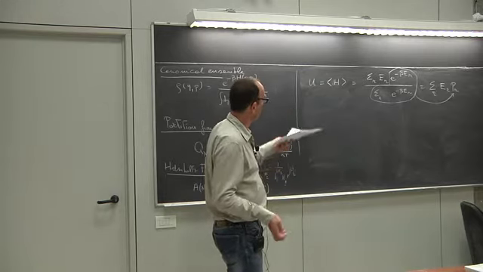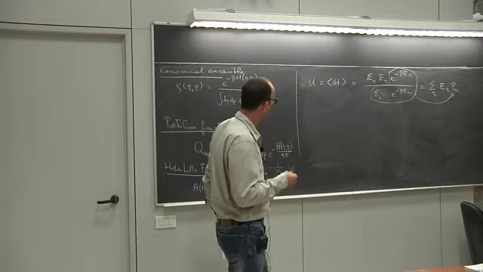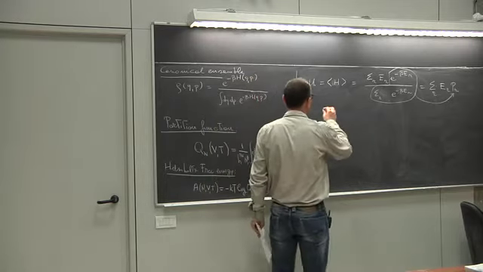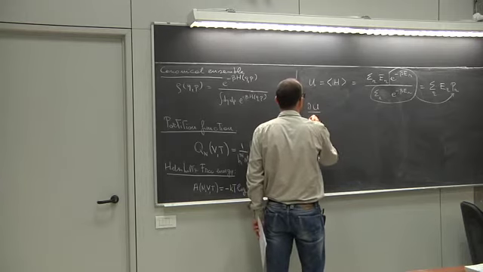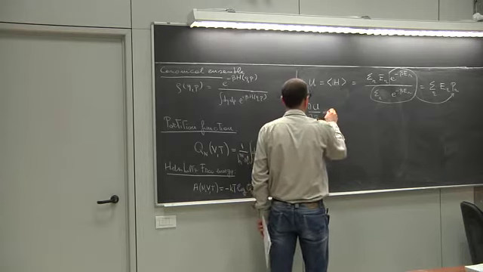So in order to compute the fluctuations of the energy, one trick is the following. Let us take the derivative of this equation with respect to beta.